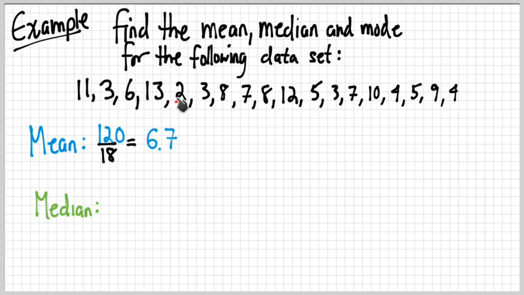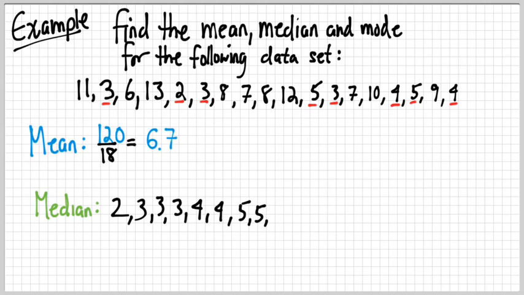So 2 goes first. Okay, I have 3 threes. 1, 2, 3 threes. So I'll put the threes. Okay, I've got 2 fours. Okay, 4 and 4. I've got 2 5s. Okay. I've got 1 6.